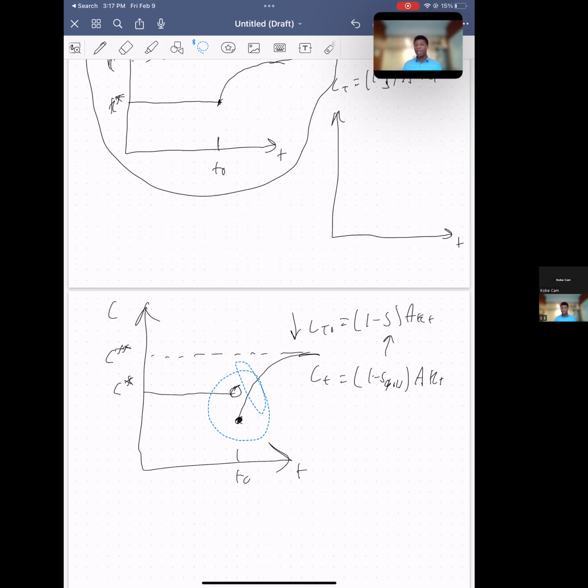The idea here is that this is more of a maybe because it depends on how you value time. If you prefer the present as opposed to the future, then maybe you would prefer to be in this economy where S is less than S gold. However, if you value the future, then you're going to think, well, I'm going to be consuming even crazier cookies if I wait some time. So I actually would not want to be in this economy. We should just pump it up to S gold right now. And that's the idea.